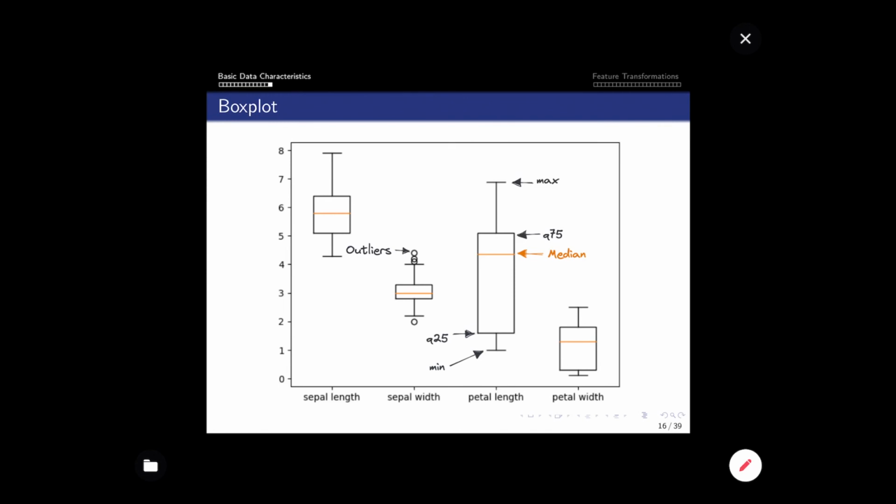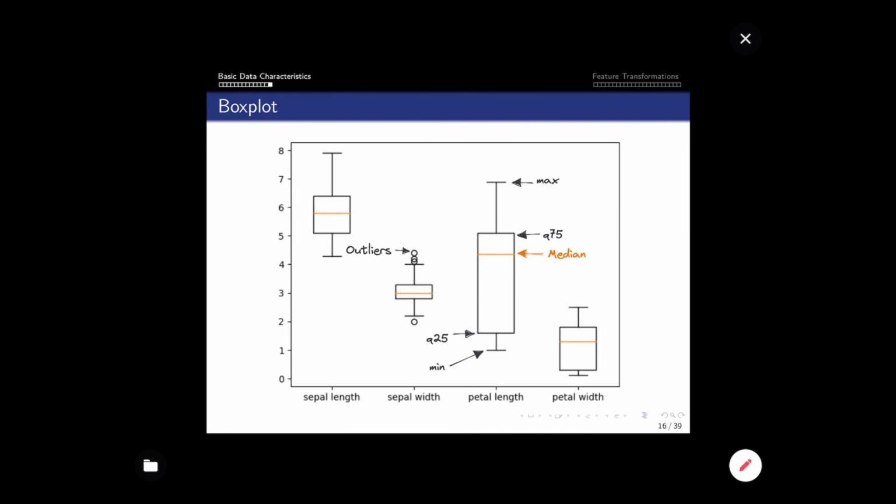And then we have here also the minimum and the maximum, but this is usually not the exact maximum and minimum you observe in your data. It's also bounded by a rule of thumb which uses the interquantile range, which is the length of this box here.